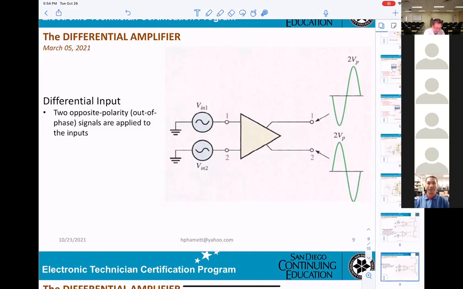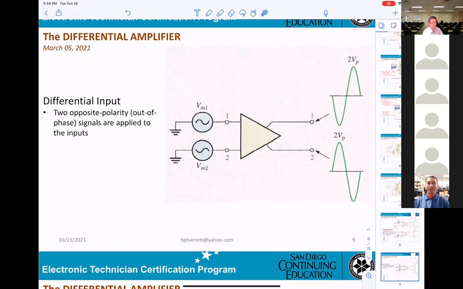when you apply input 1 signal and input 2 signal, one thing they must follow. That means input 1 and input 2 must be opposite. Must be. Cannot be the same. Two opposite polarity, or phase, signals are applied to the inputs.